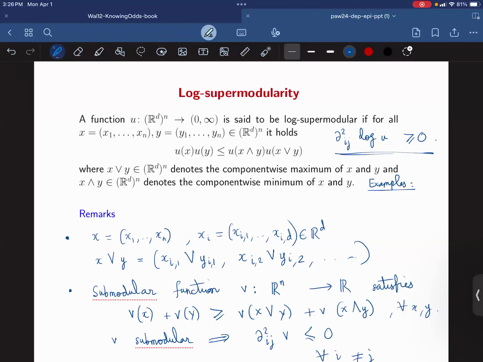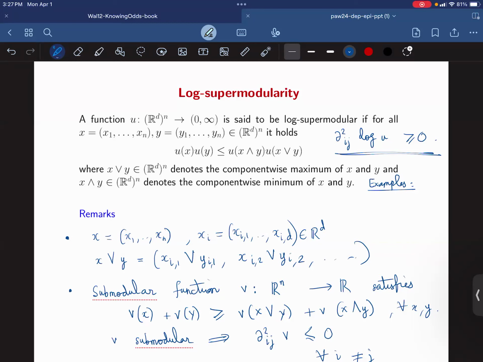This assumption basically imposes a form on the covariance matrix. So you need the off-diagonal elements of the covariance matrix, or the inverse of the covariance matrix, to be signed, and any appropriate Gaussian distribution with that class of covariance matrices gives an example of a log supermodular density.